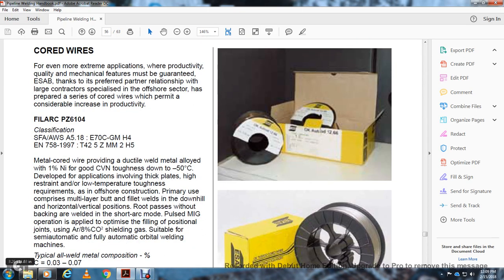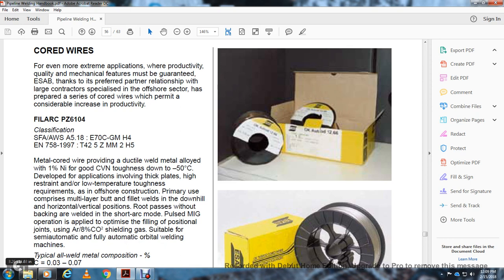The Pipe Fil PZ6104, specification SFA AWS A5.18 E70C-GM H4, EN 758 1997 T 42 5 Z M M 2 H5, is a metal cored wire providing ductile weld metal alloyed with 1% nickel, with good CVN toughness down to negative 50 degrees Celsius.